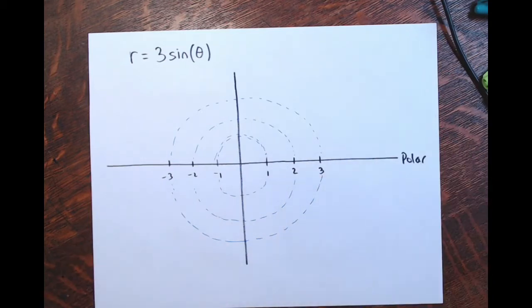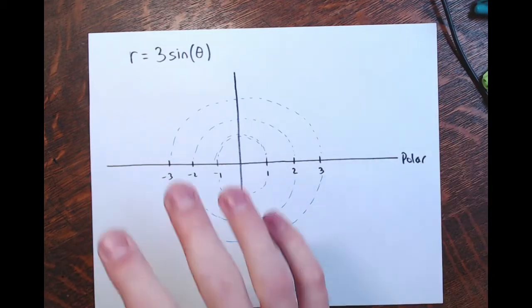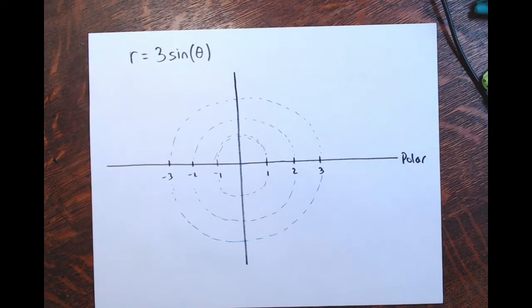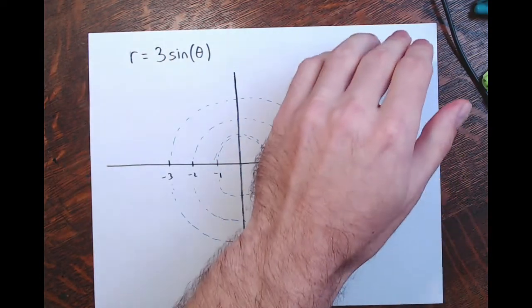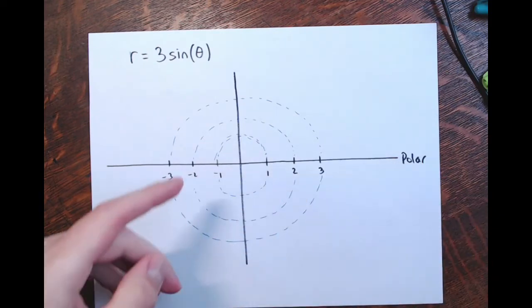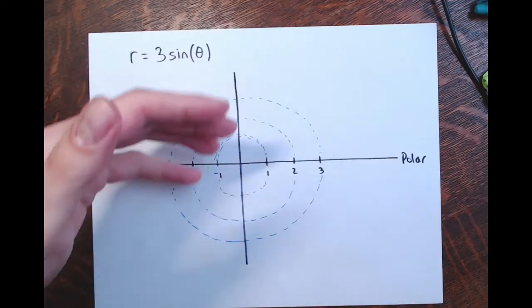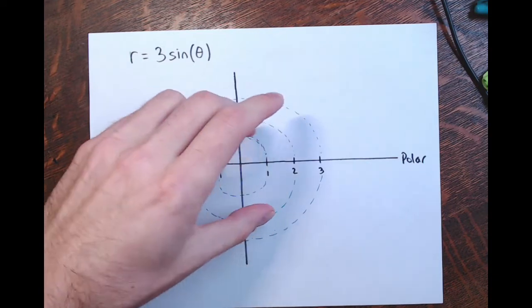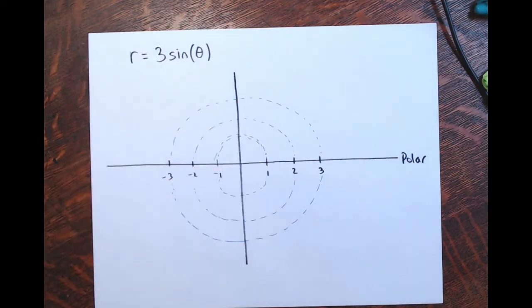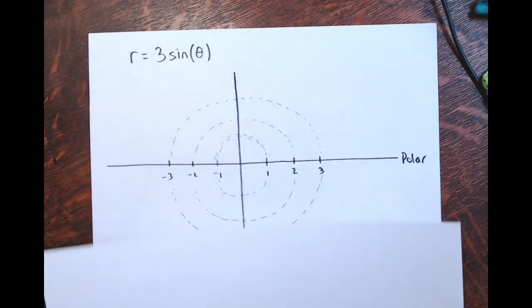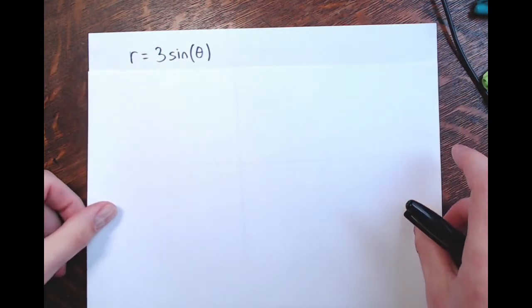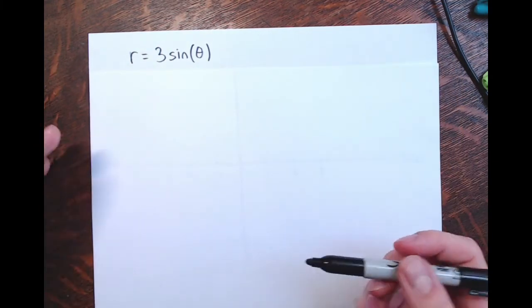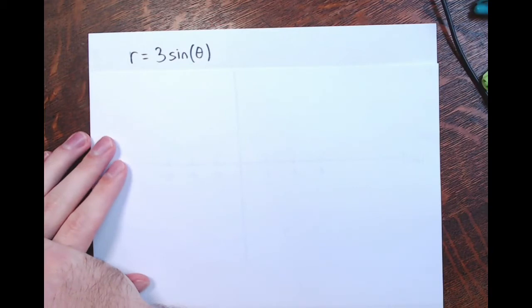Alright, now, like I've done in some other videos, before I get to graphing this, you could make a little table with values of r and values of theta. You plug in different values of theta and see what the value of r is, and then you plot that point, and you keep plotting a bunch of points that way. What I'm going to look at is the XY version.